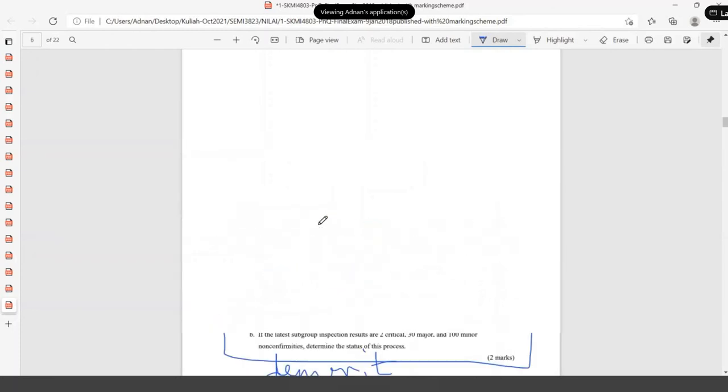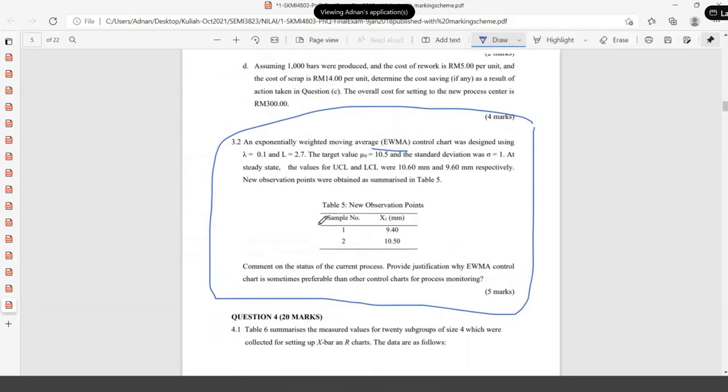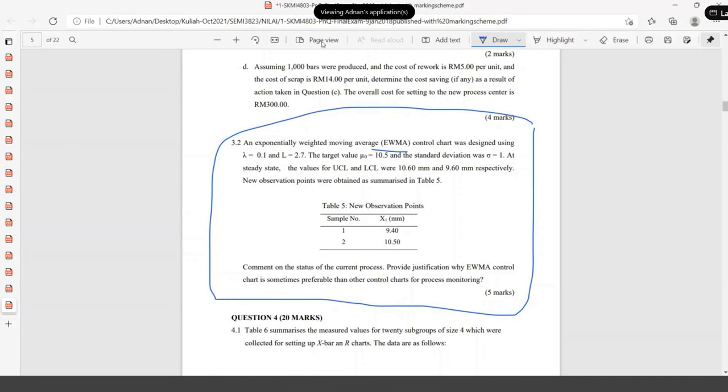Alright, so yang relevant kat sini di sinilah. Okay, exponentially weighted moving average was designed using alpha equal to 0.1, L equal to 0.7, target value 10.5, standard deviation equal to 1 at steady state.